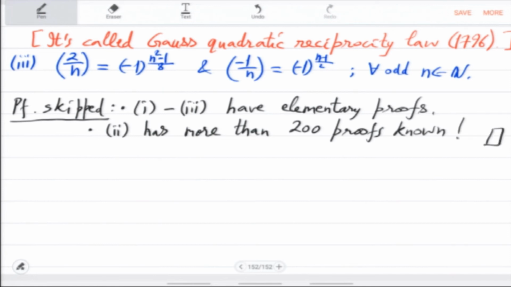So this is such a fundamental law of numbers that different mathematicians have given different viewpoints. So very different proofs are known.